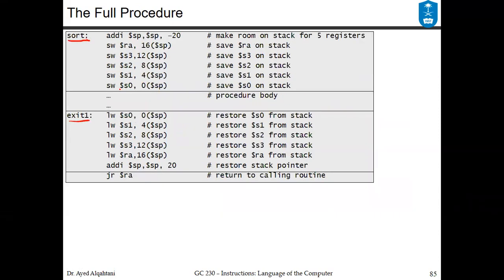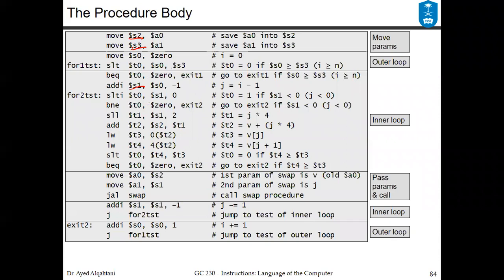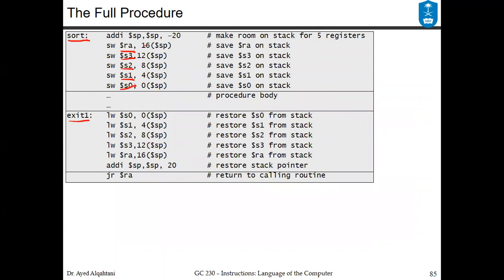We saved S0, S1, S2, and S3, and also the return address, because they are modified. S0 is modified, S1 is modified, S2 is modified, S3 is modified, and also you are calling another function here, which is the swap, and you need the return address to be saved. And this is why we save those variables in the stack.